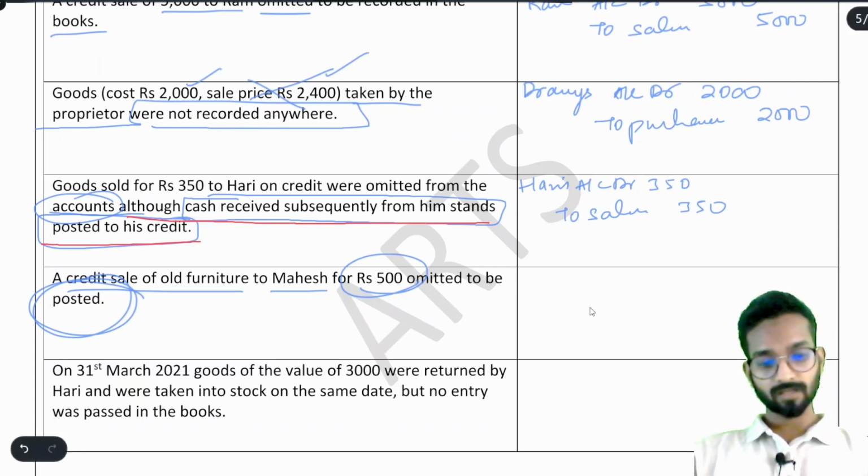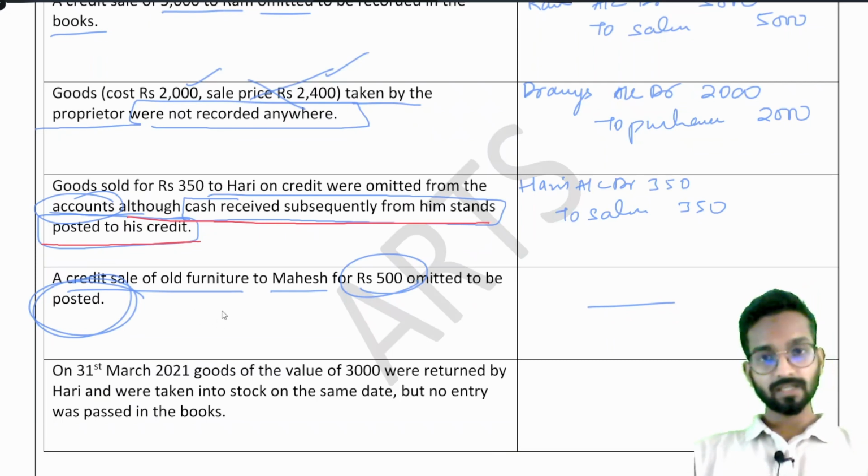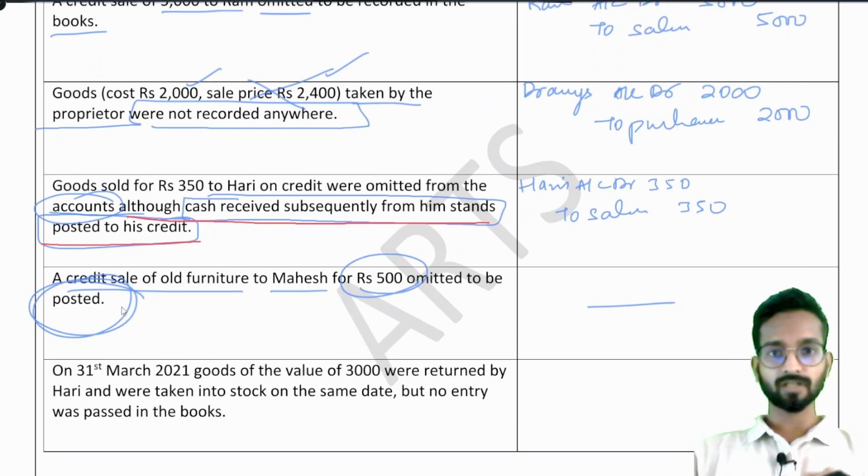The answer will be nil, because omission means when no journal entry is passed, but they are saying it is not posted. Posted means in the ledger account they have not posted. You cannot pass the journal entry again. Understand this. As soon as they have already recorded, it means they have already passed the journal entry. They might post into the ledger in future. Okay, we are not supposed to do anything here.